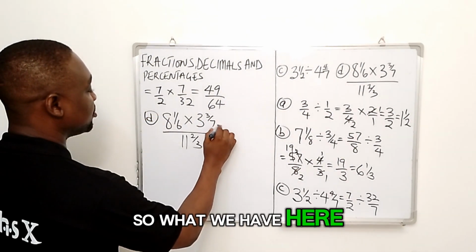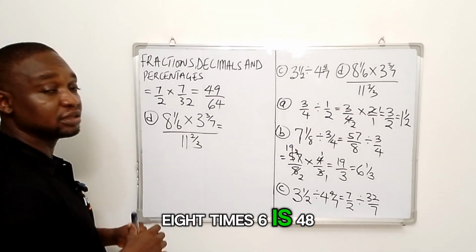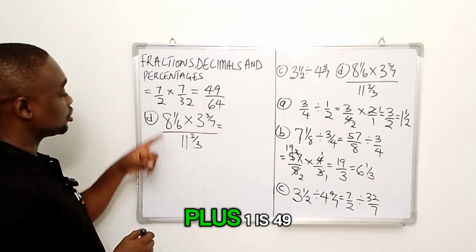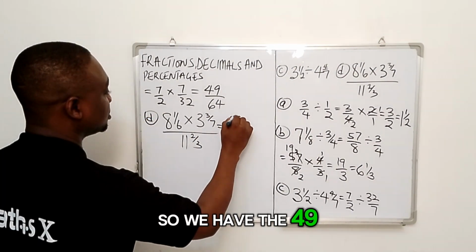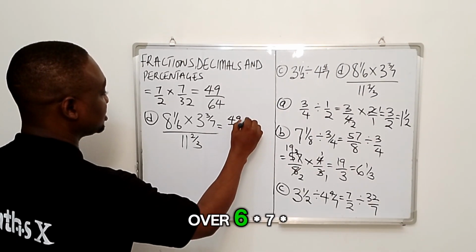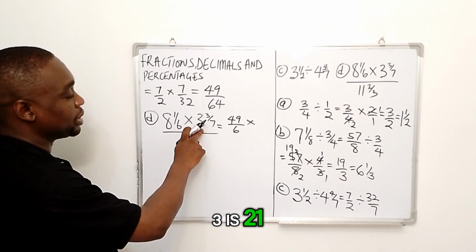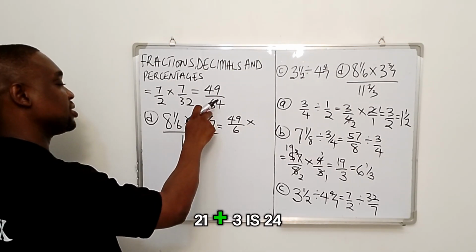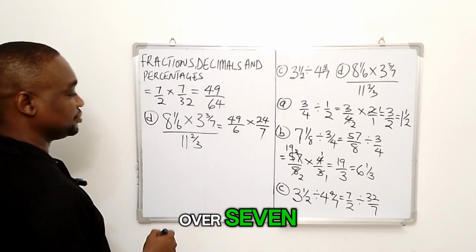So what we have here will be 8 times 6, which is 48, plus 1 is 49, so we have 49 over 6 times 7 times 3 is 21, 21 plus 3 is 24 over 7.